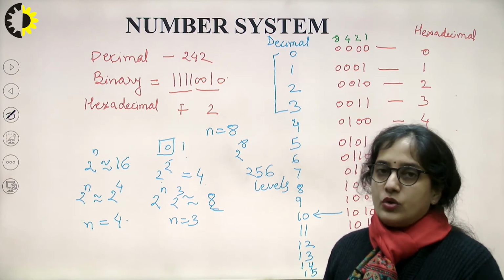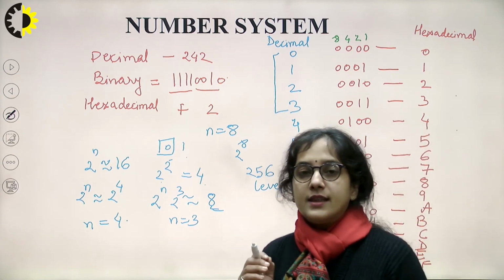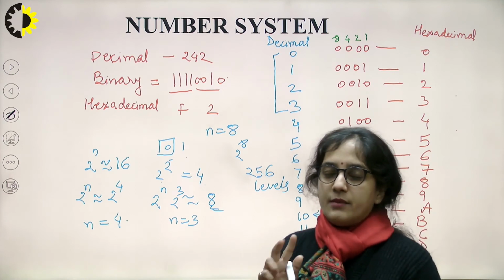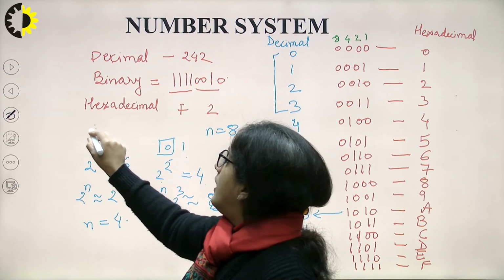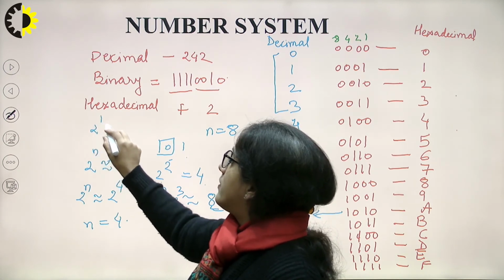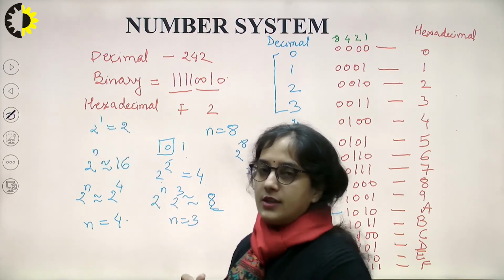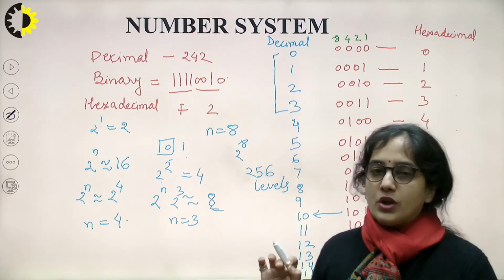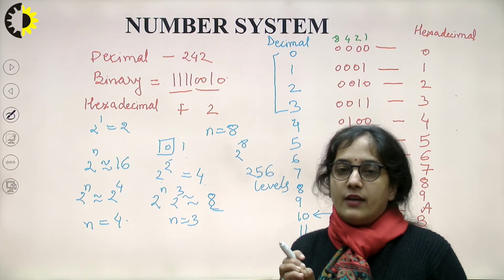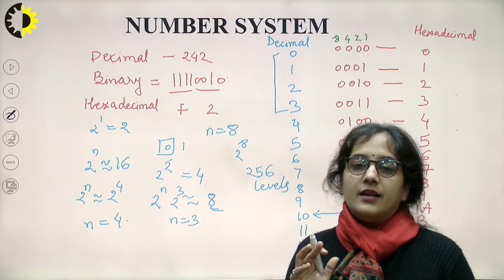Using a single binary digit, n is 1, so 2 raised to power 1, we can represent 2 levels, 0 and 1.